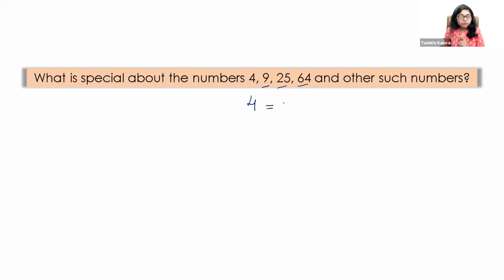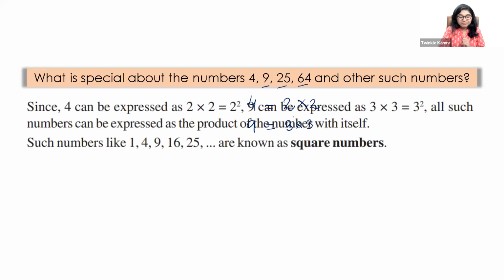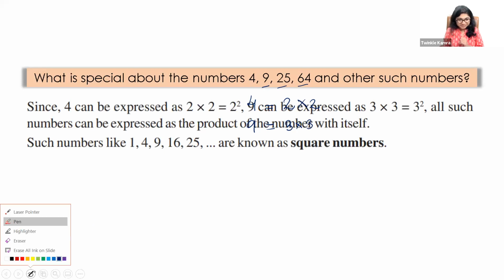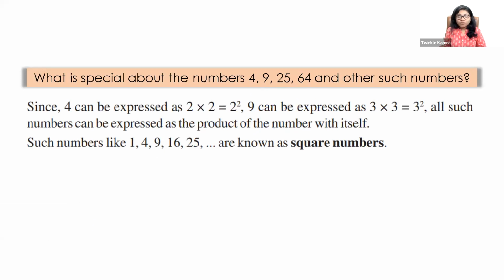4 is equal to 2 into 2, 9 is equal to 3 into 3. So the observation is that 4 can be expressed as 2 into 2 or 2 square, and 9 can be expressed as 3 into 3 or 3 square.